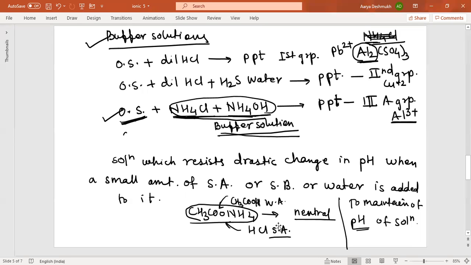For example, CH3COOH with CH3COONH4, the salt of weak acid and weak base, ammonium acetate.